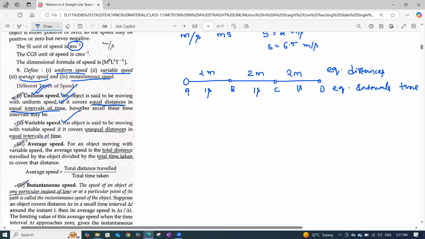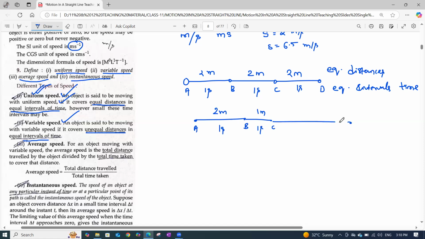Coming to variable speed, which you can also call non-uniform speed: the body covers unequal distances in equal intervals of time. Time cannot be unequal. Consider the body starts at A and goes to B, covering 2 meters in 1 second. Again from B to C it covers 1 meter in 1 second.